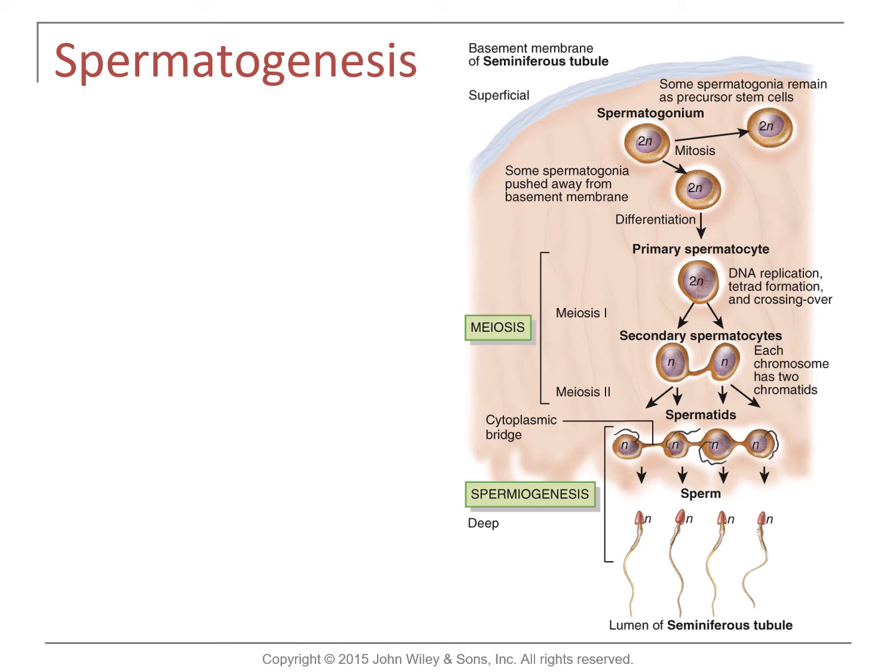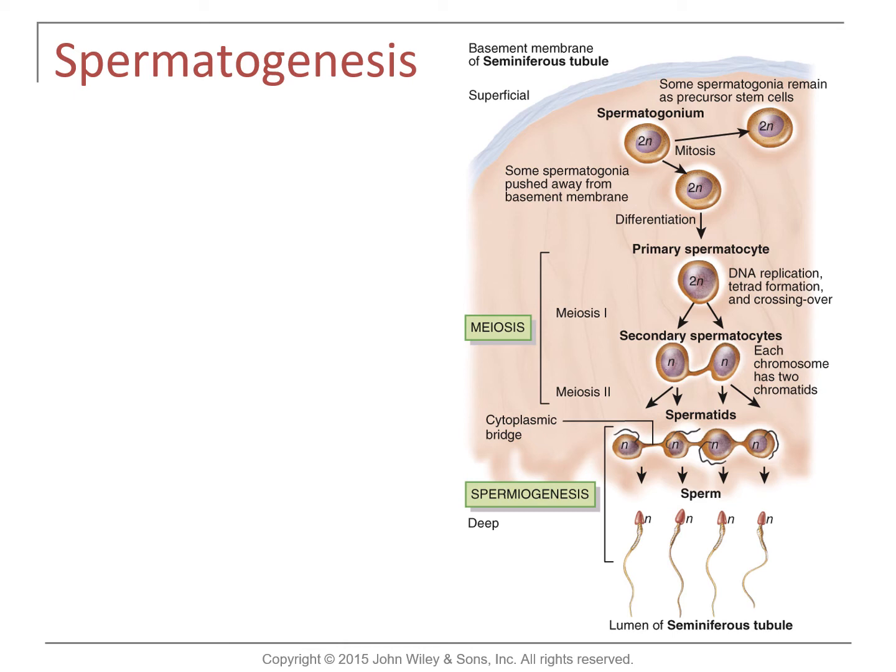The primary spermatocyte undergoes DNA replication, and this is the step where some variation in the genes can occur as the paired chromosomes align together and can actually exchange pieces so that genes that were initially on one of the pair of chromosomes are exchanged with the genes on the other form of that same chromosome.